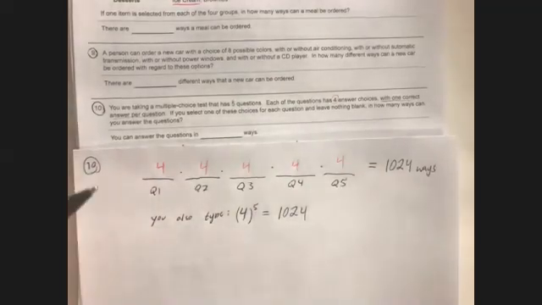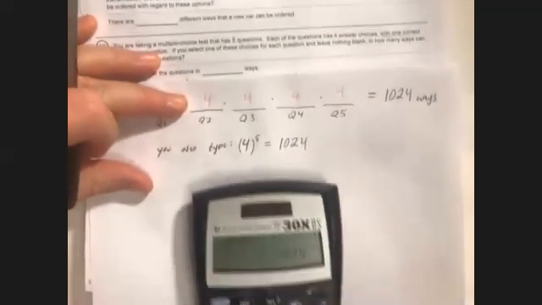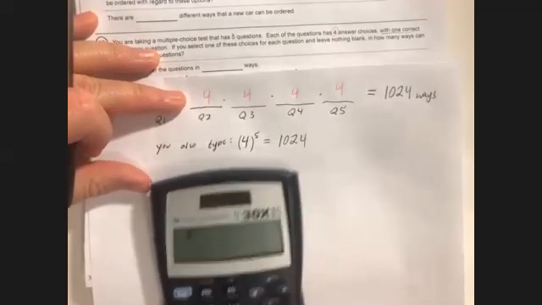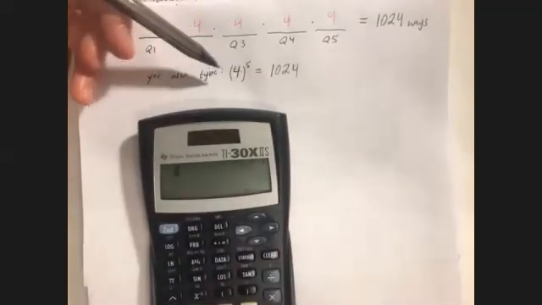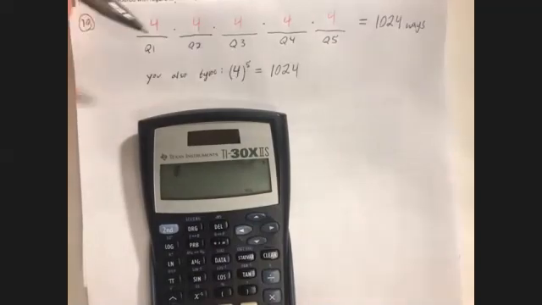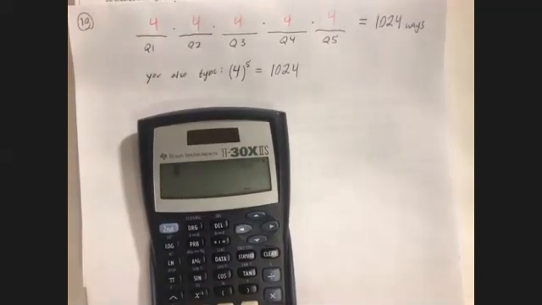Now, in the calculator you use for this class, you have to use something to indicate that you're going to raise it up. Okay? So the parentheses are optional.